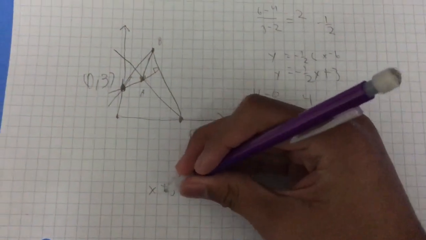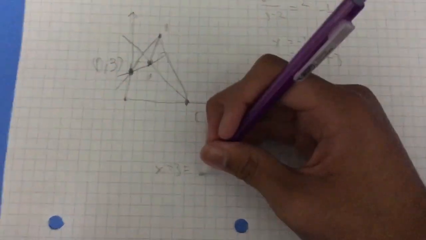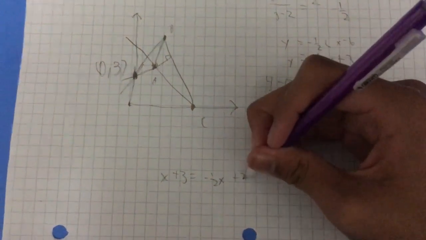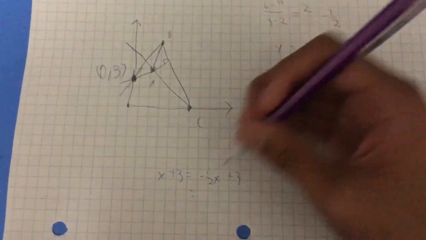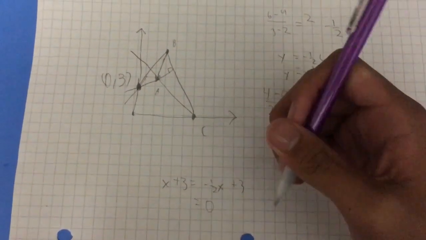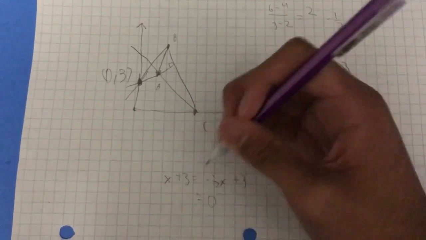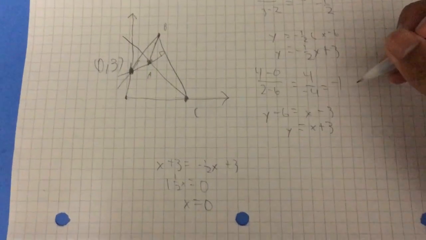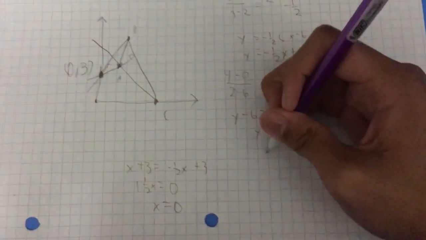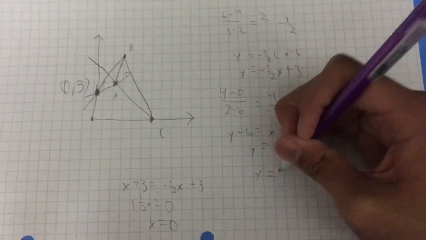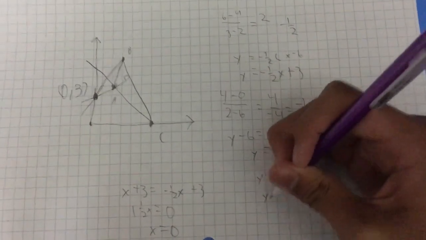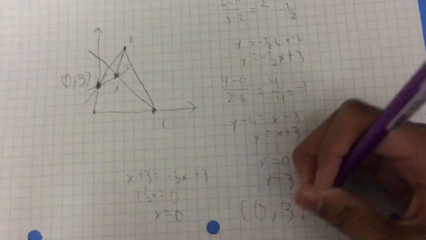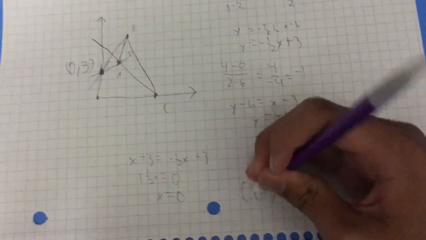And so here we can substitute into the equation, so x plus 3 is equal to -1/2 x plus 3. And so here we have 0 is equal to 1 and 1/2 x, which means x is equal to 0. And since x equals 0, we can plug that into this equation here, which means y is also equal to 3. So the correct orthocenter is 0, 3.